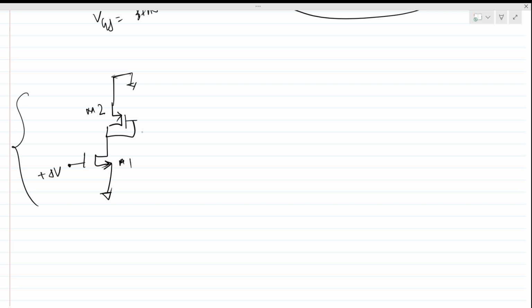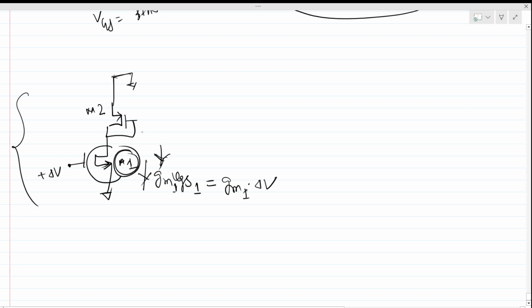So what can we say about the current through this MOSFET, the small signal current? This will be nothing but gm times vgs1, where gm1 is the gm of this MOSFET, times the del V. This is the current flowing in this direction, from drain to source of M1.